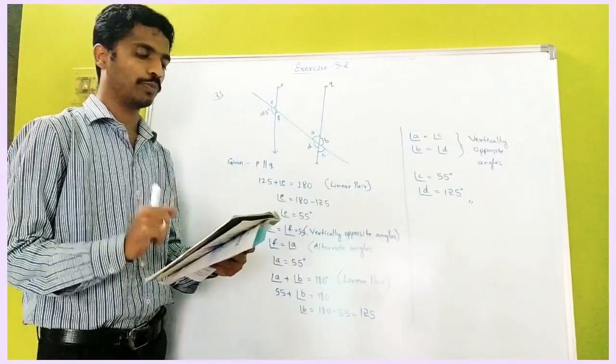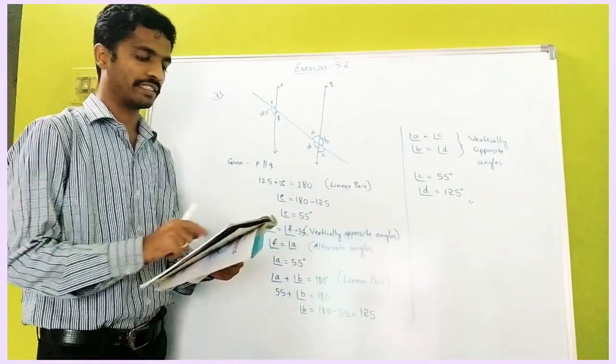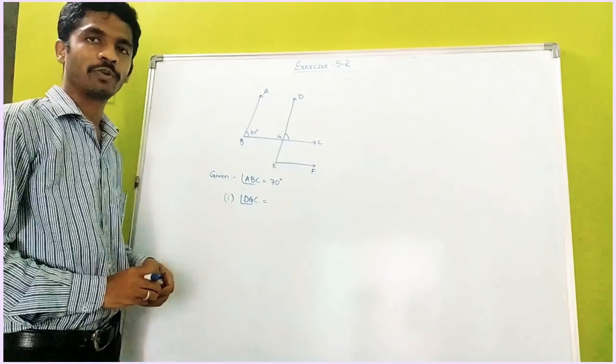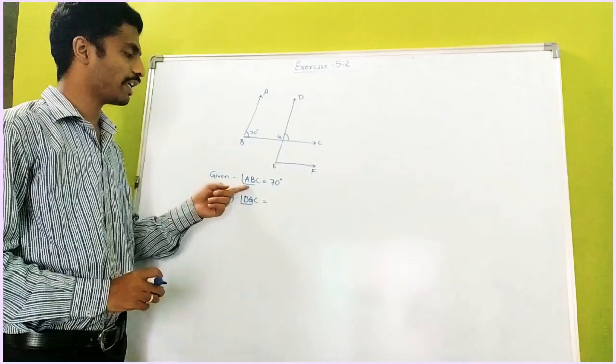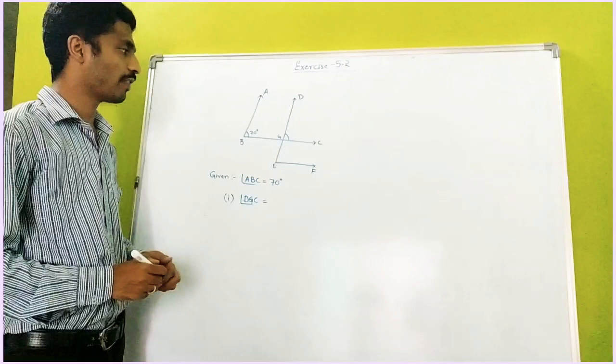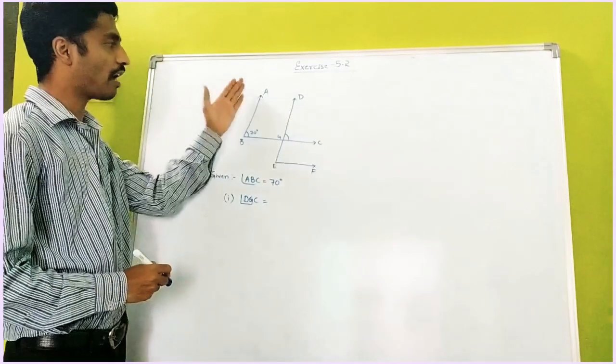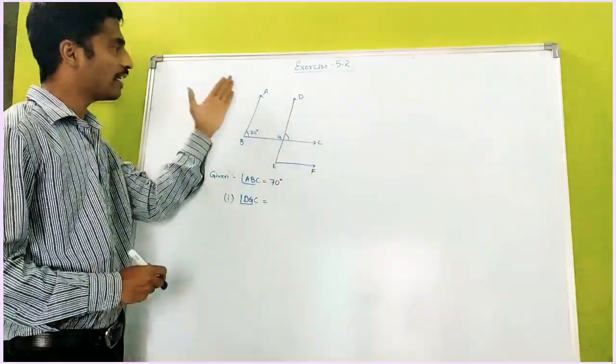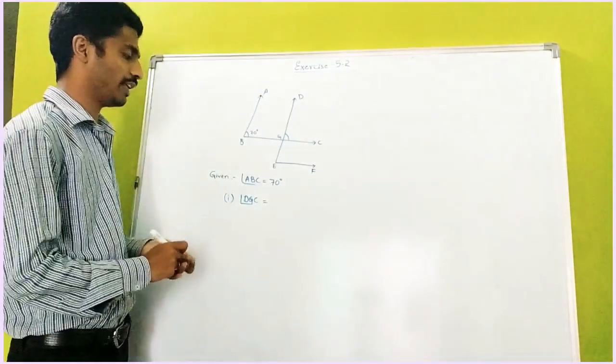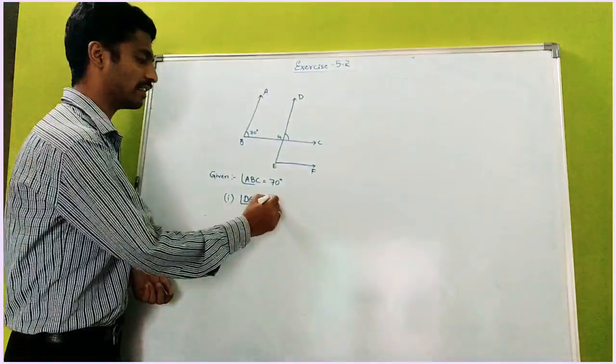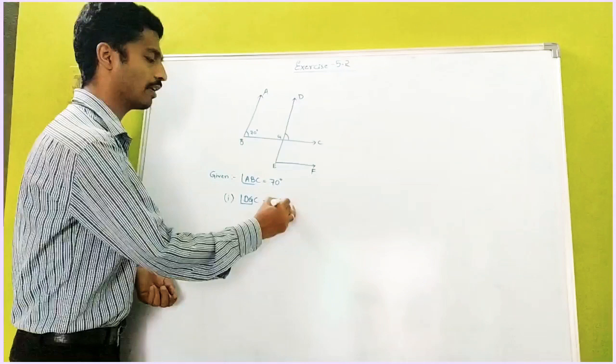So like this you have to do the fourth one; those are for practice. Now I will solve the fifth one. In the fifth question they gave ABC is 70 degrees. Then we have to find DGC, where the arms of the angles are parallel. If AB is parallel to DG, then automatically DGC is equal to ABC. Why?